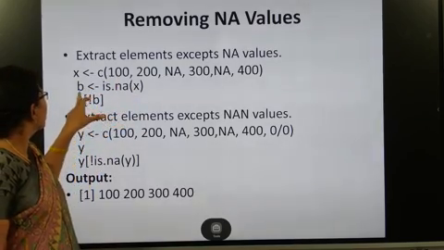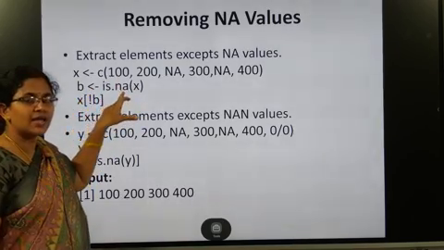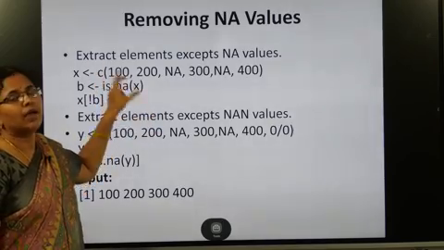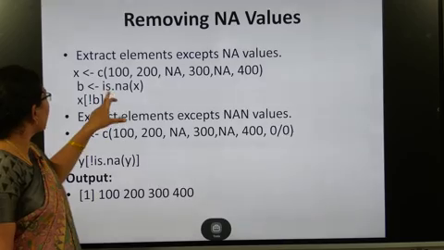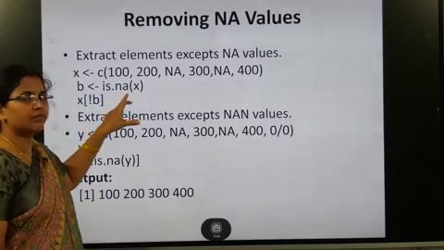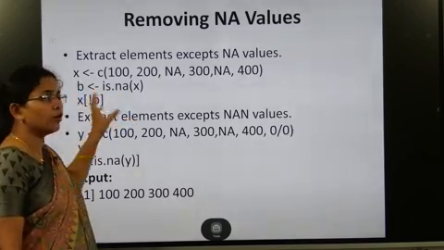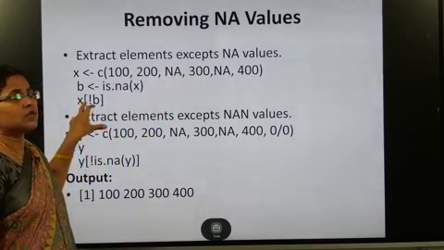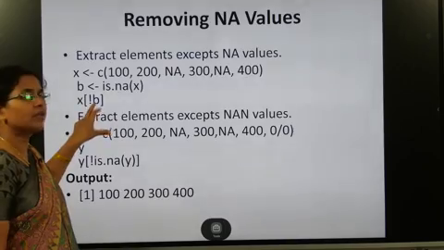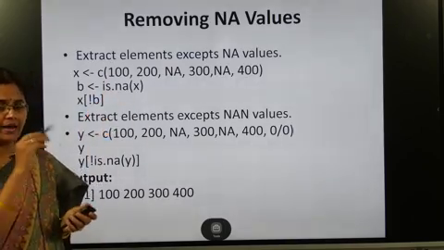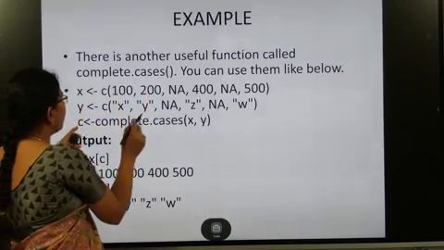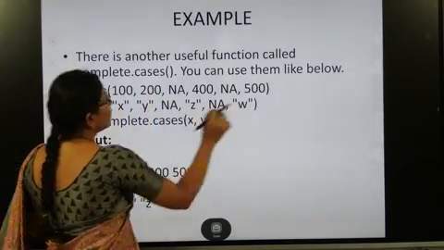First I have to look out whether NA values are there in the variable or not, so I am using the is.na function. After that, in order to remove those NA values, I am using the exclamation mark here: !b, that too in the square brackets. Square brackets are compulsory. So it will remove all the NA values and give you the result on the screen.